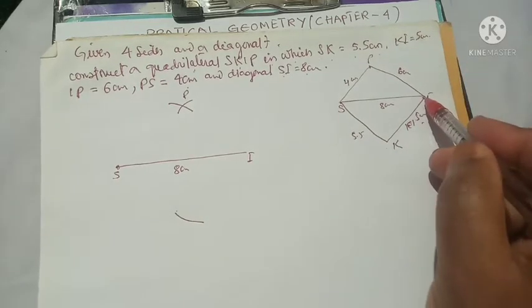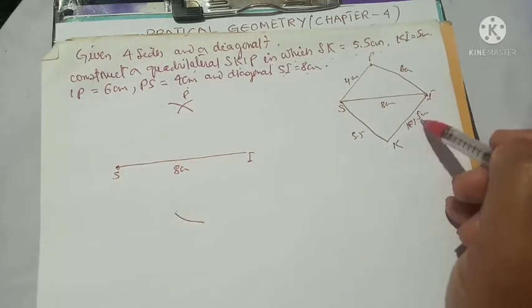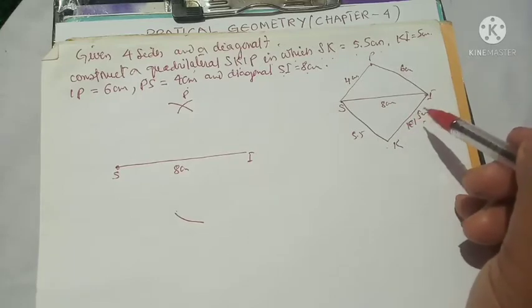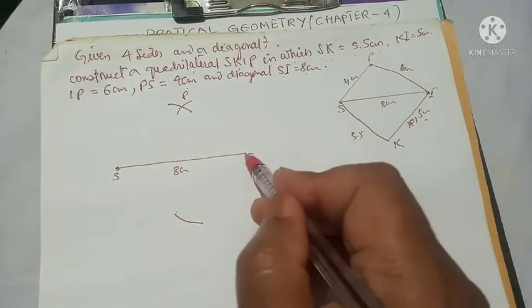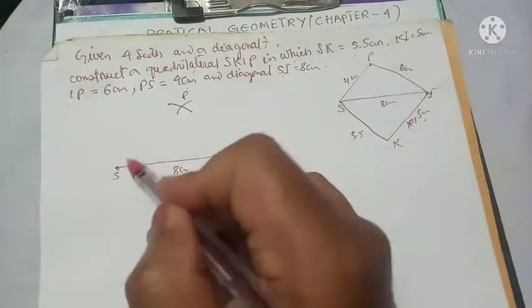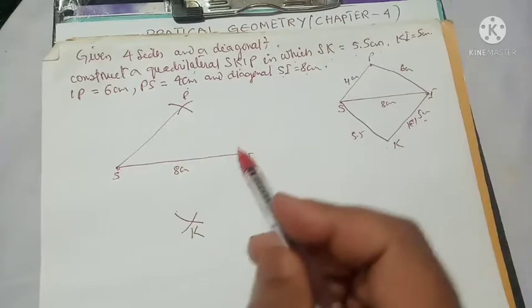Again, with I as the center and a radius of 5 centimeters, we draw an arc intersecting the previous arc at point K. There is K. So join PS and IP.